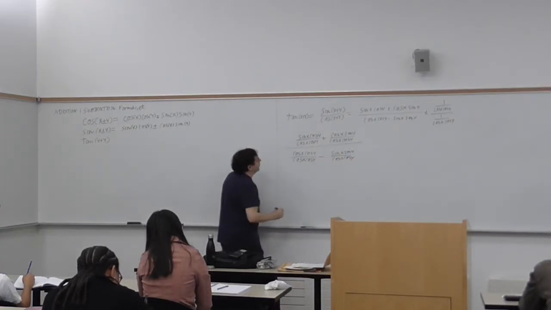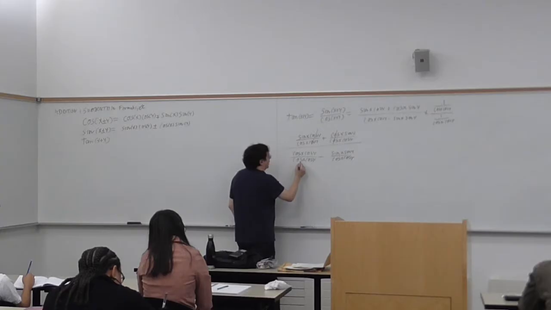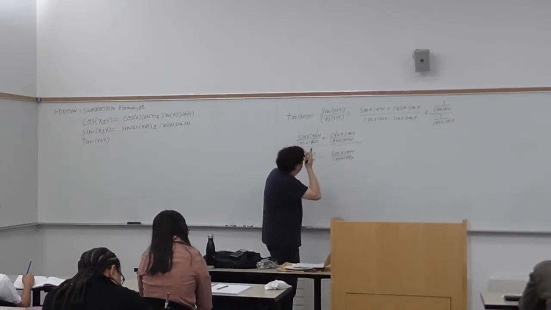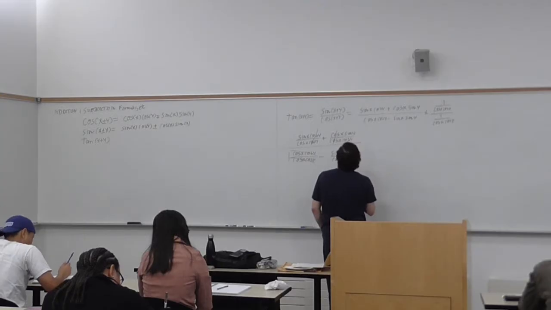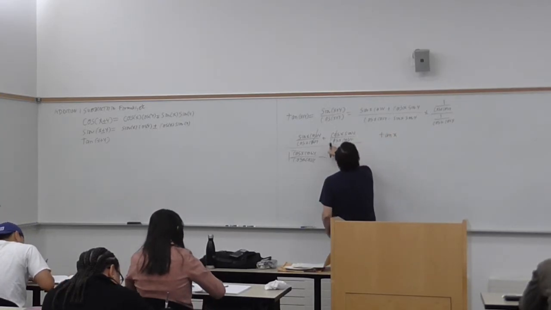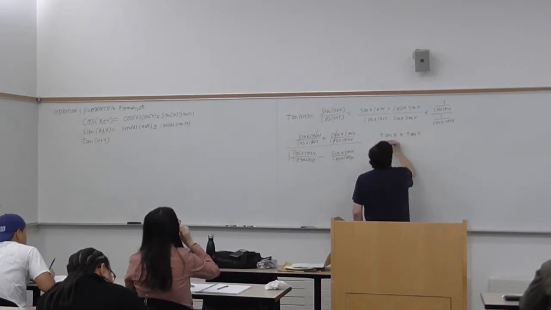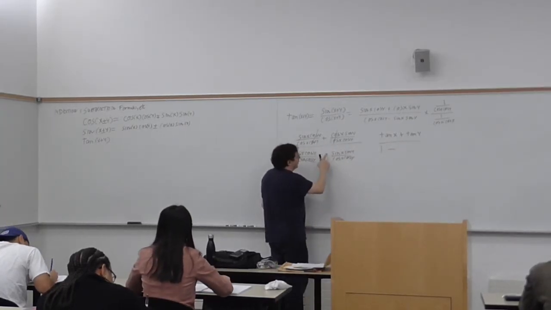All right, let's see, what can we do here? These cosines cancel. These cancel. These cancel. We just end up with 1. So what do we have? Sine x over cosine x. That's the tangent of x. Plus sine y over cosine y. That's tangent of y. Over 1 minus, what's this?